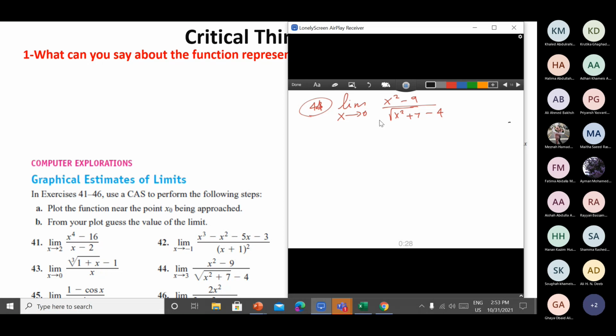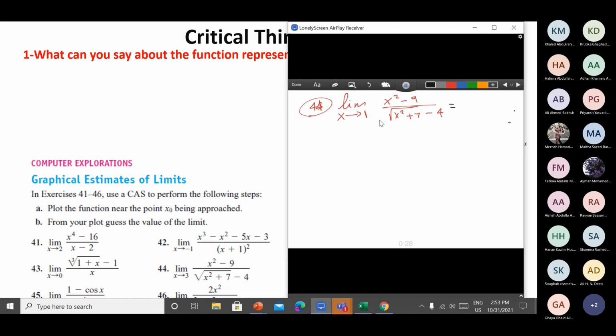Again, you substitute first. When you substitute by x equal to 0, you have 0 minus 9 over root square 7 minus 4. Oh, sorry, I wrote it by mistake. It's supposed to be 1, right? This is 1, not 0.